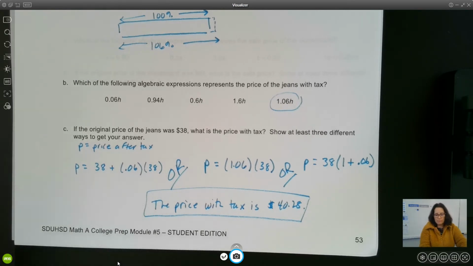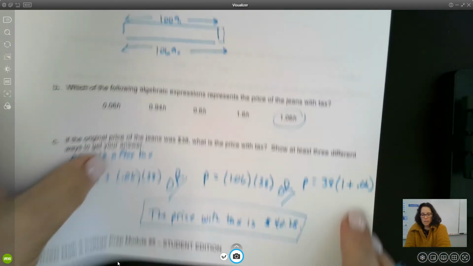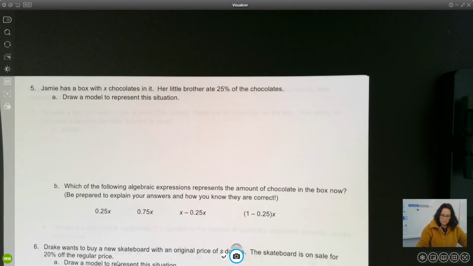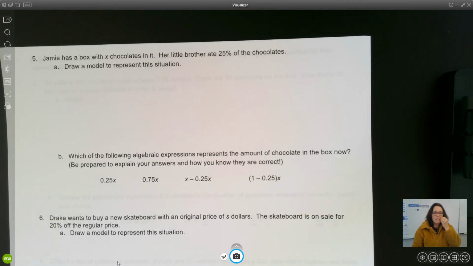Number 5. Jamie has a box with X chocolates in it. Her little brother ate 25% of the chocolates. Okay, the last couple pages we've seen an increase. If somebody eats something, you should be seeing a decrease.